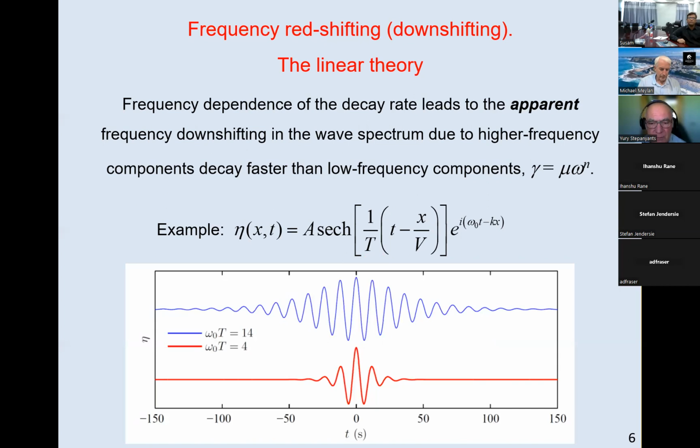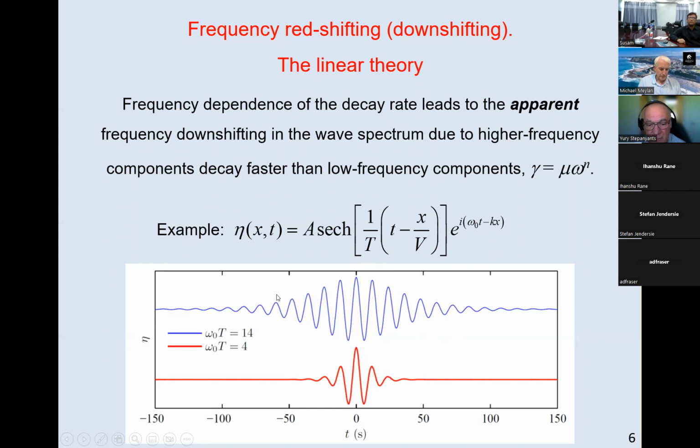Then we will consider wave trains which can be described by this equation, where omega naught is the frequency of a carrier wave and k is the wave number of a carrier wave, whereas the function sech describes the envelope of the wave train, where capital T is the characteristic duration of the wave train.